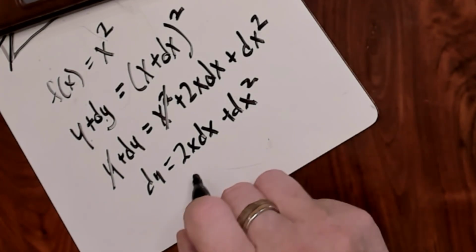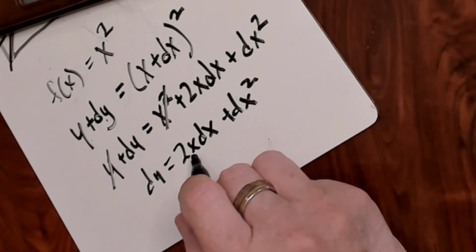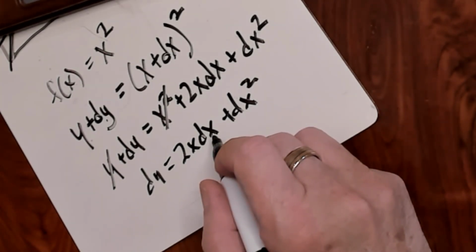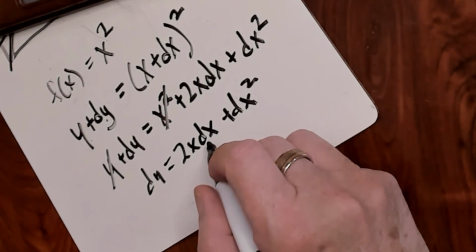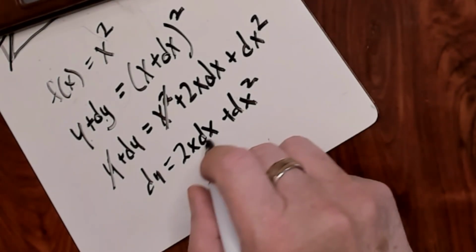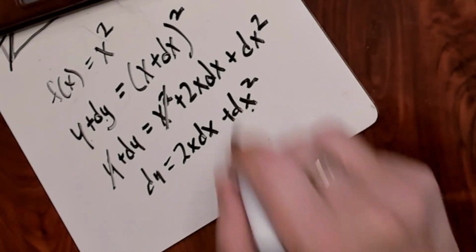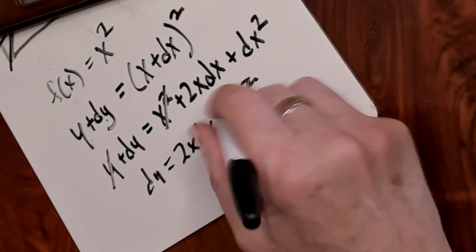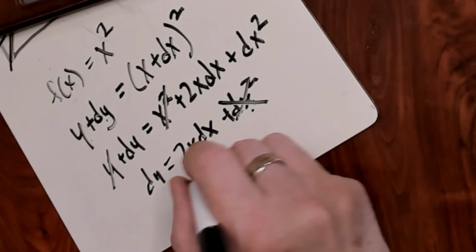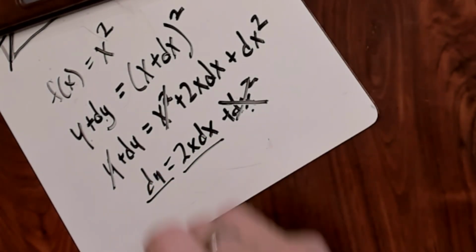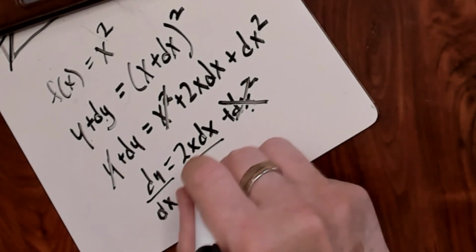Now as dx gets very tiny, in other words, if we change x just enough to not be x anymore, we're just dealing with a very, very tiny amount here. And when you square that little tiny amount, you get an infinitesimal amount. So let's go ahead and just disregard that right there. And then let's divide both of these by dx.